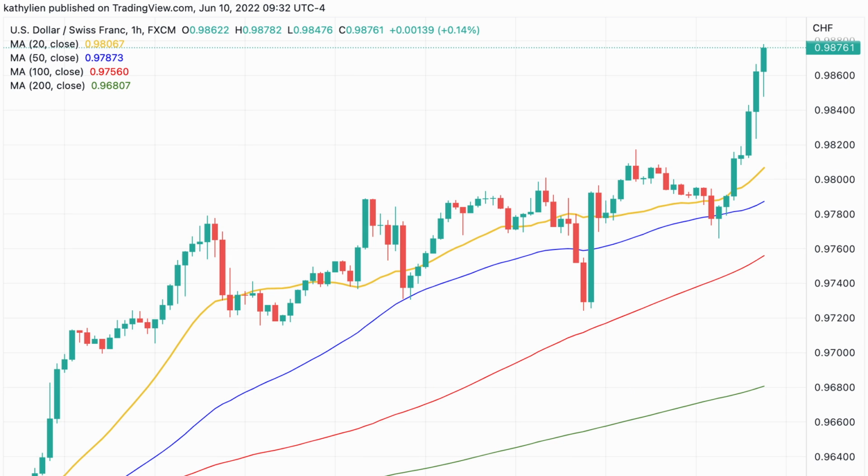This is a classic example of dollar Swiss being in a strong uptrend on a short-term and medium-term basis. So when you have this type of setup, we also have moving average clearance, which means there's no major resistance above or below on multiple time frames.